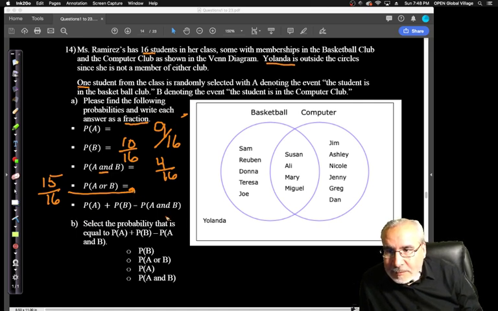And then we've got this formula here, probability of A, and let's just do it down here. Probability of A, we calculated that as 9/16. Probability of B is 10/16.